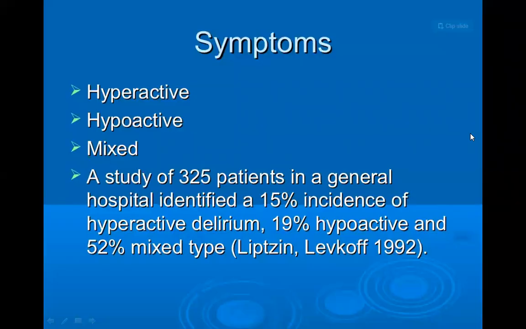Then next, what are the symptoms present in a patient who has delirium? First is hyperactive. We have already discussed the types of delirium. There are hypoactive or hypoalert, and hyperactive or hyperalert, and sometimes the patient shows mixed symptoms.